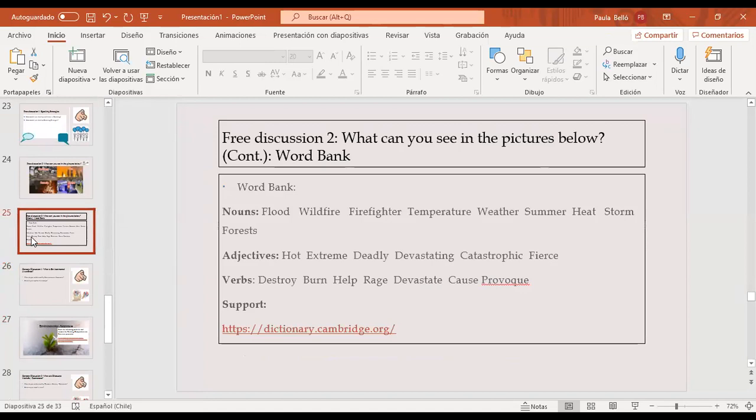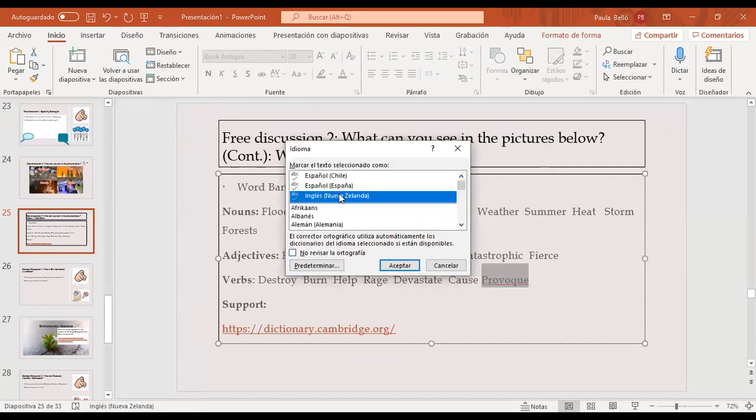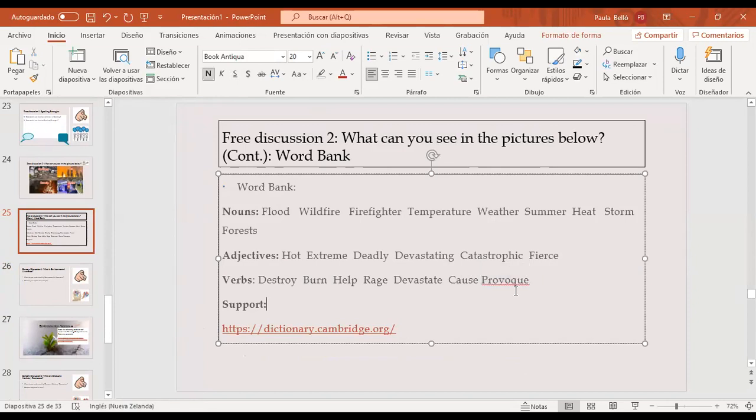Excellent. So now these are only examples for you to work in groups, yes, and have more ideas on what happens and how you can describe it with your words. I'm sorry. We need provoke. There is another, a cause, or we can use cause.